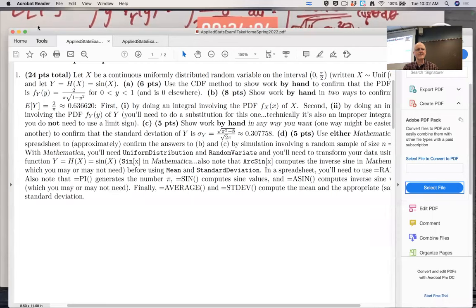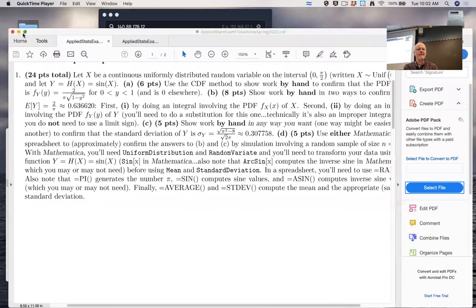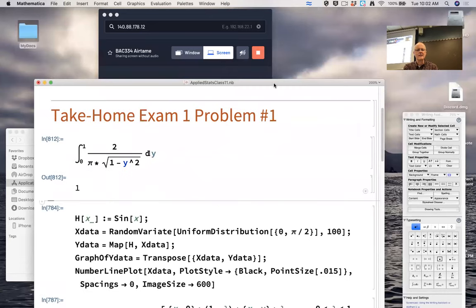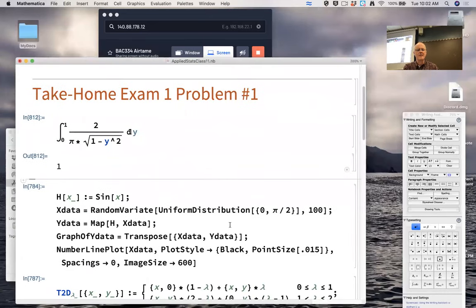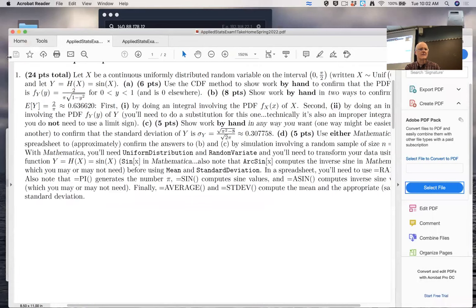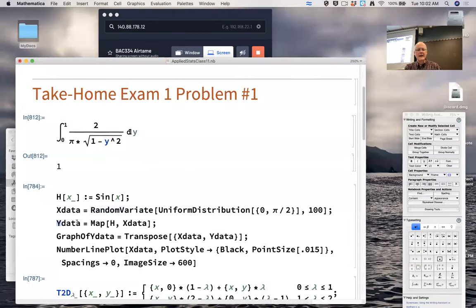Then you simulate it. So let's look at Mathematica now. I'm using RandomVariate to do the simulation. Did I say 100 data points? Sample size 100. To get the y data, the transform data, you can map the h function onto the x data.